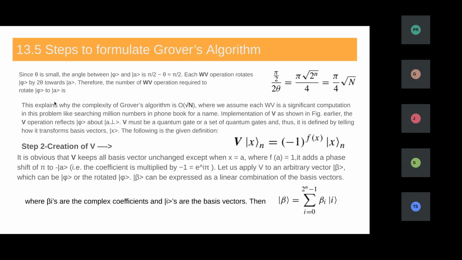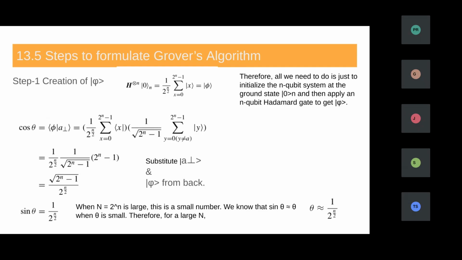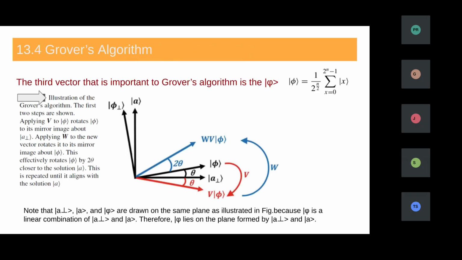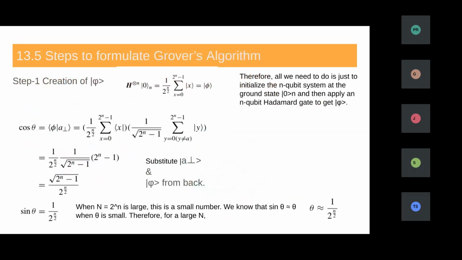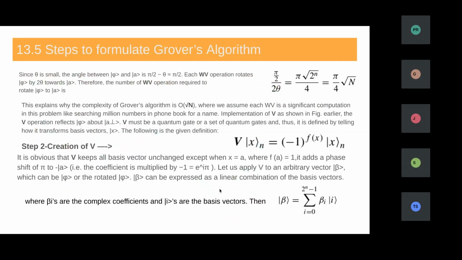So we are applying pi by 2 minus theta, approximately pi by 2, and so the W operation is nothing but the WV operation we are talking about. Since the WV operation is moving it by 2 theta, we can see V and then W. So V is moving by 2 theta and then we are applying W. So what we are doing is we are trying to get this number to pi by 2 theta, and that is equal to theta we are substituting.